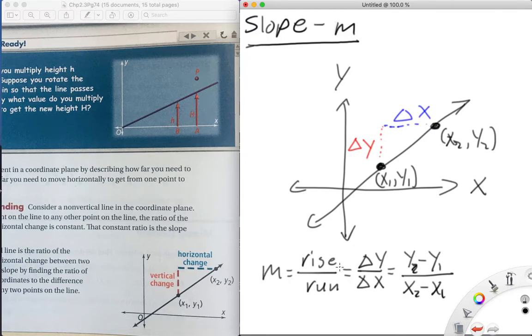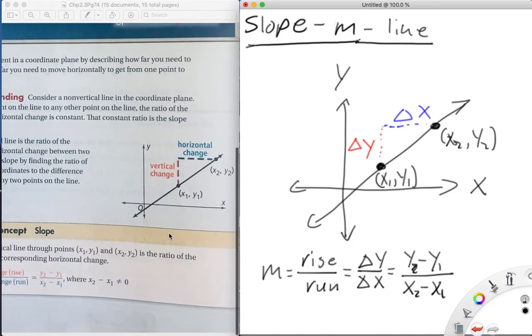This is slope, the vertical change over the horizontal change of a line. Slopes always apply to lines. These are linear functions, or linear equations. Alright.